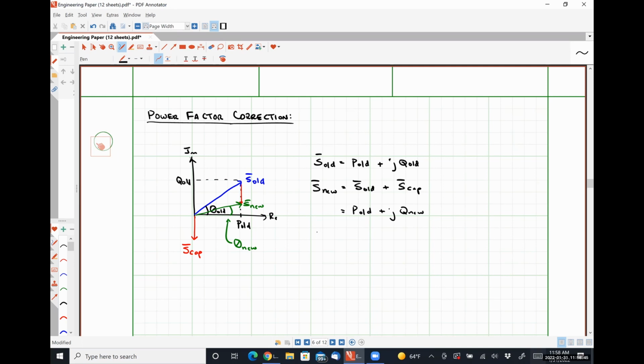So since S cap is S new minus S old, this is P old plus jQ new minus P old plus jQ old, which is simply j times Q new minus Q old.